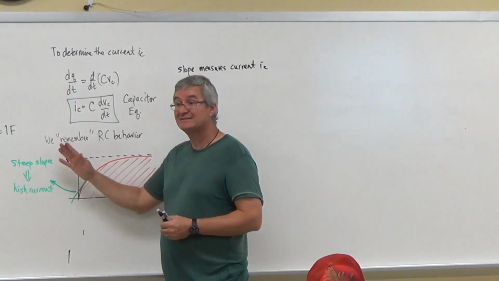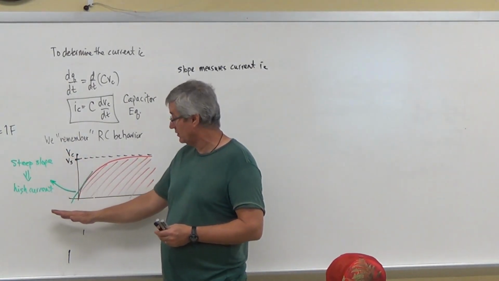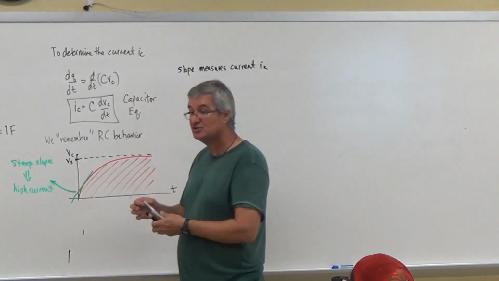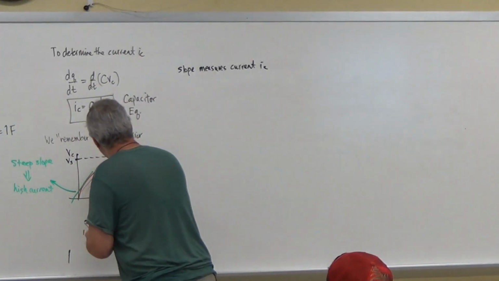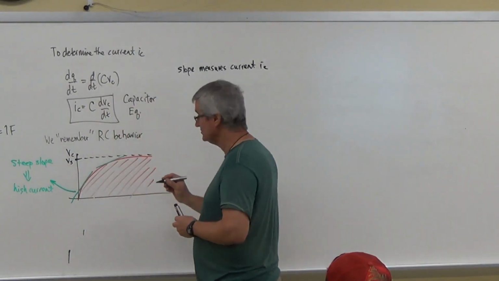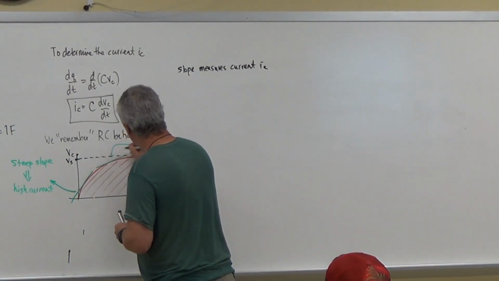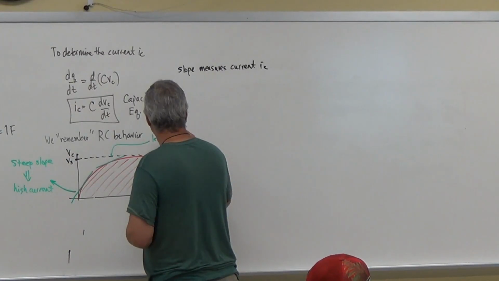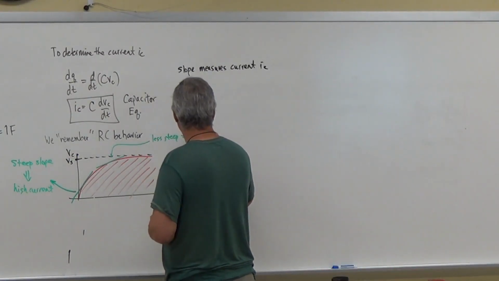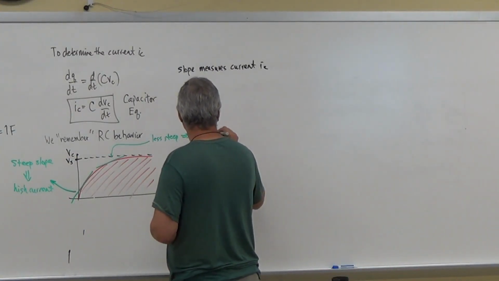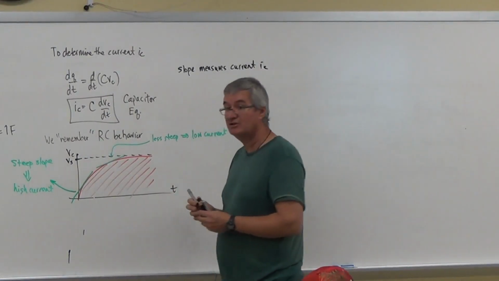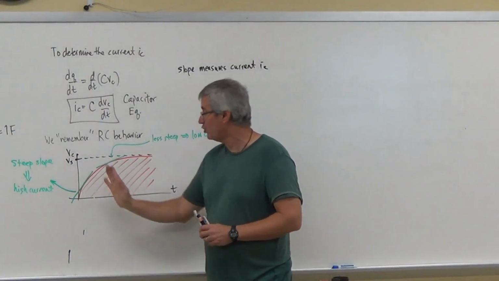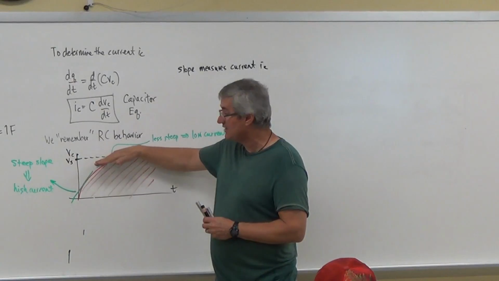But as time goes on, the slope is decreasing. Now that it's less steep, I have a low current at that spot. So the charging of the cap starts off quickly and then it decreases.